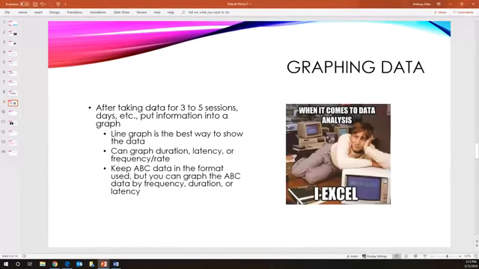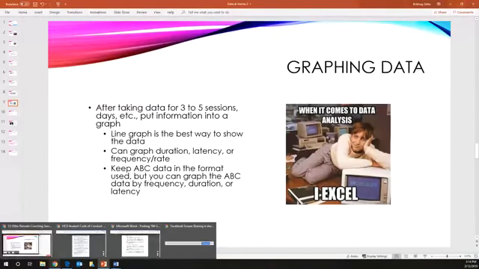Those are the big ones. You can also use bar graphs and scatter plots, but line graphs seem to be the one that most of us go to. So what I'd like to do is show you guys real quick a quick and easy way on how you can create a line graph.